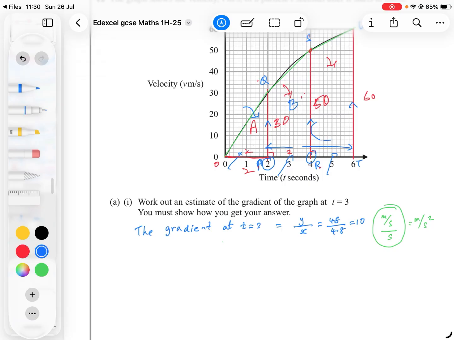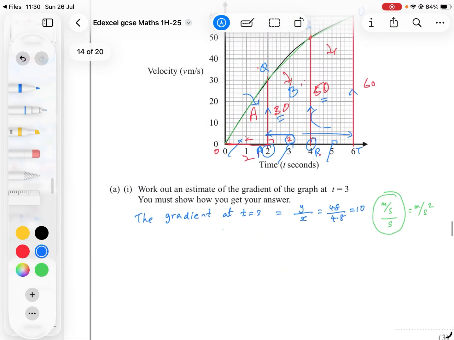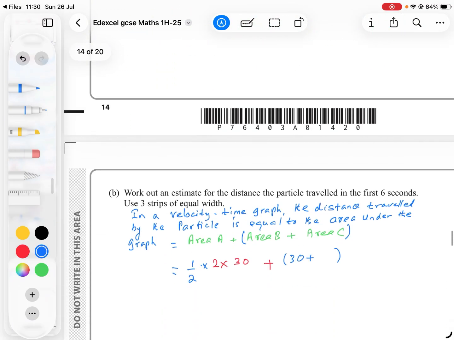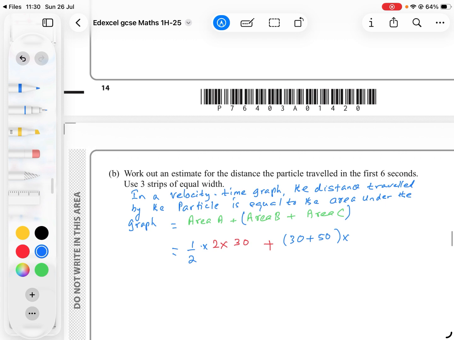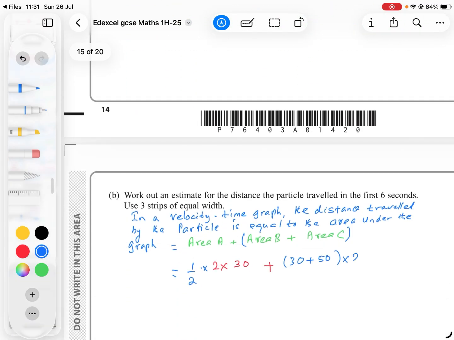Area B is the sum of the two parallel sides, 30 plus 50, which is 80, times the height, which is again 2, divided by 2.